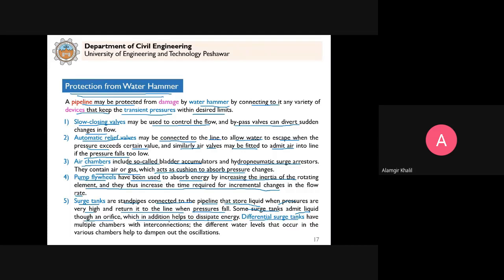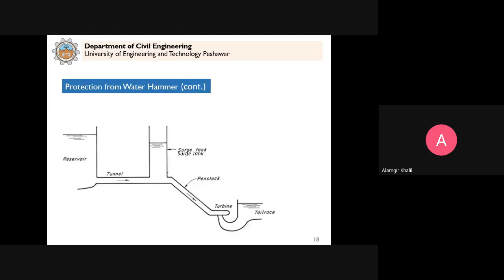Differential surge tanks have multiple chambers with interconnections. The different water levels that occur in the various chambers help to dampen out the oscillations. So you can see that these are the devices that we provide to have protection against the water hammer.